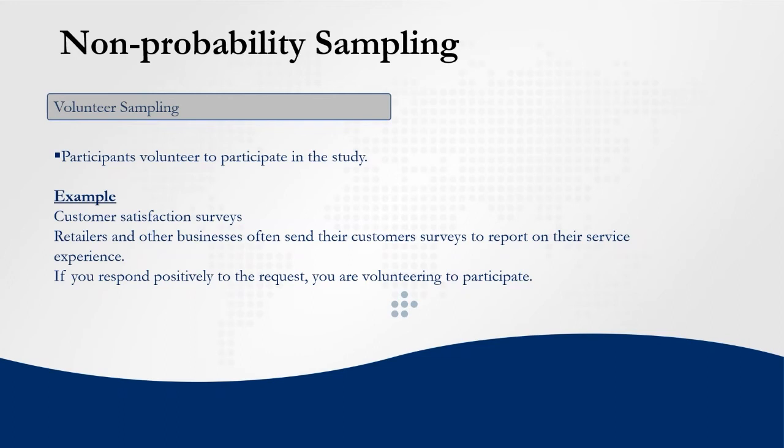Because we are dealing with children, you might get consent from the parents and from the school, and then the children volunteer to participate in your study. The parents have given you permission, and then you can ask them questions. The children who don't want to, you go to the school, and then you try to get your 169 by using that approach.